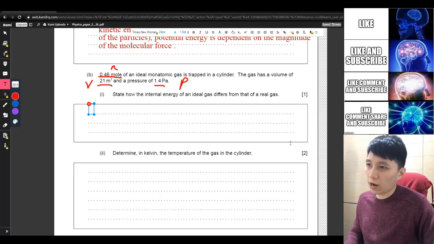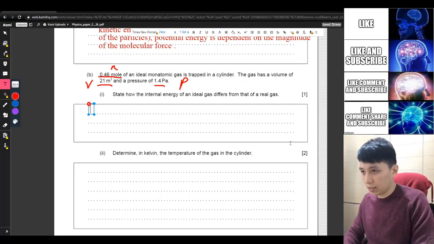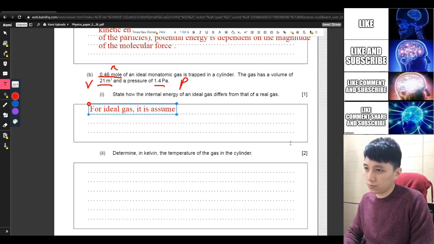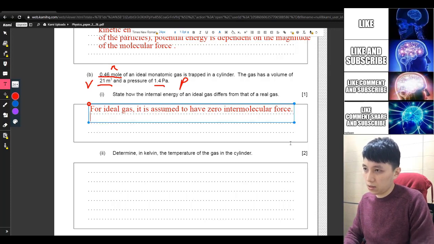So you have to recall the assumption for ideal gas. So for ideal gas, the potential energy is assumed to be 0, because there's literally no intermolecular force.